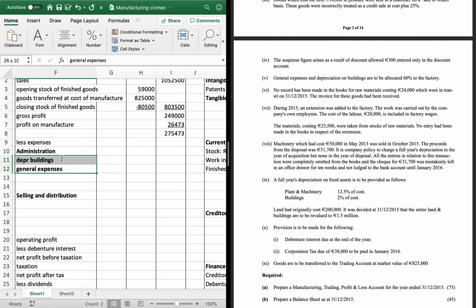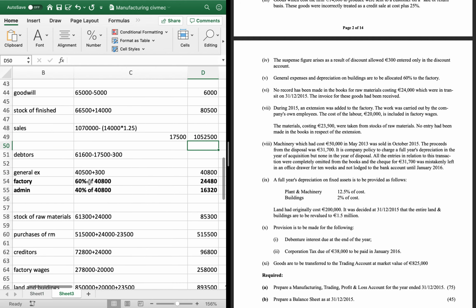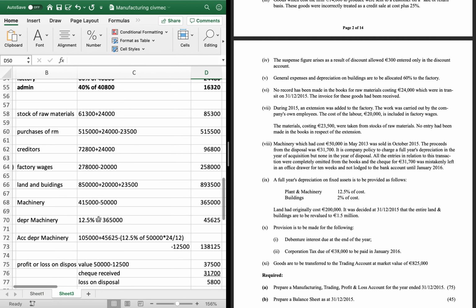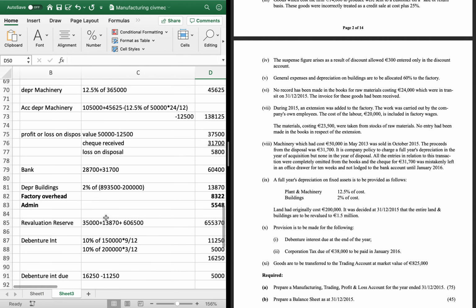Now I know them from splitting up our expenses earlier. So for general expenses, it's 16,320, and for depreciation of buildings, it is 5,548.